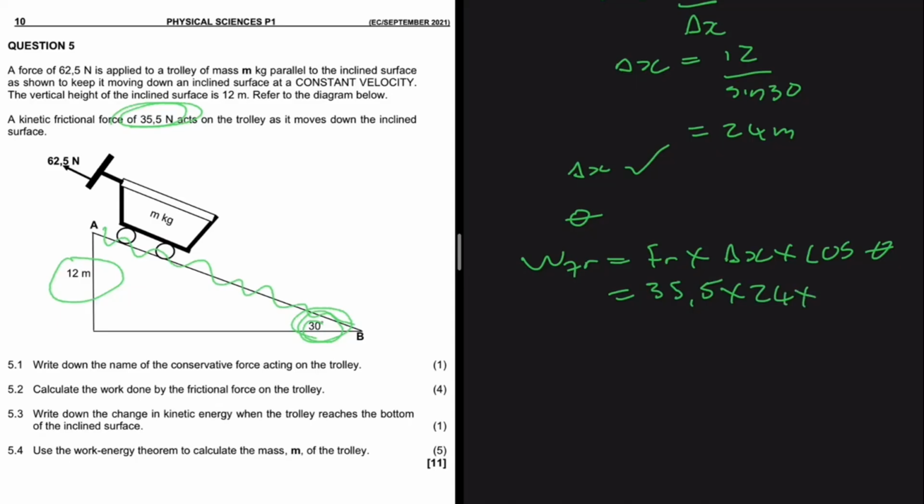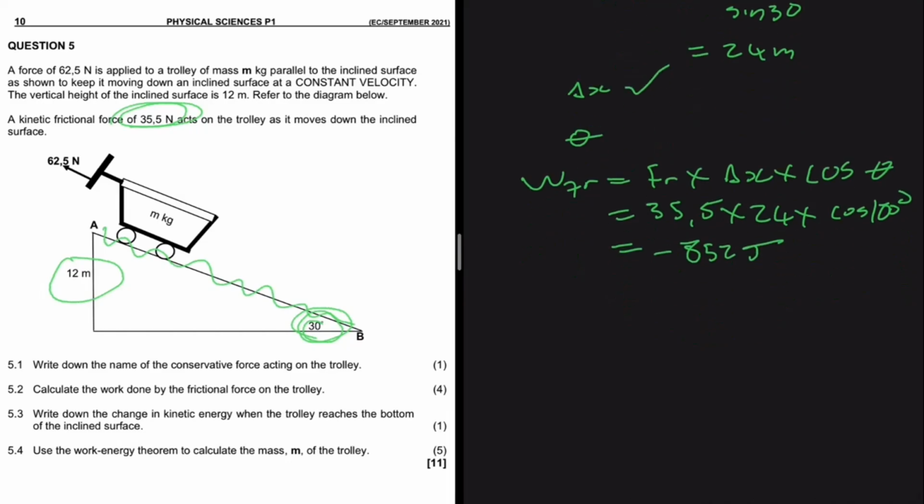Frictional force always opposes the motion, so the angle should be 180 degrees. So we have cos of 180 degrees, and if you punch that in your calculator, you're going to get minus 852 joules. That is the amount of work the frictional force is doing on the trolley.